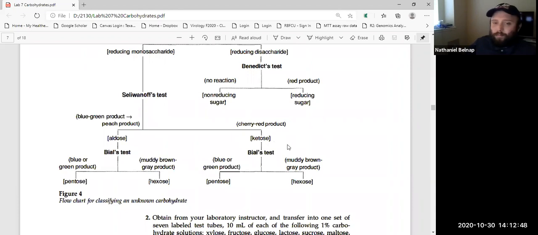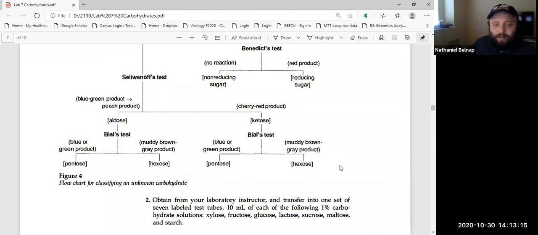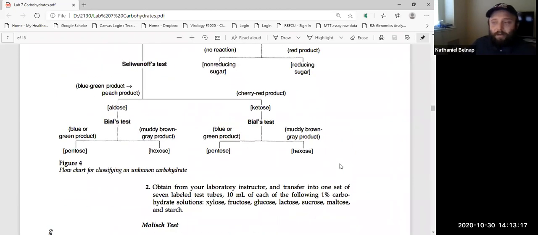This is a little confusing, because how is this an aldose and then a ketose? Whatever, that's fine, because aldehydes and ketones are different, so you also have pentose and hexose. That's okay. And then that's it. Sorry, I repeated myself there.